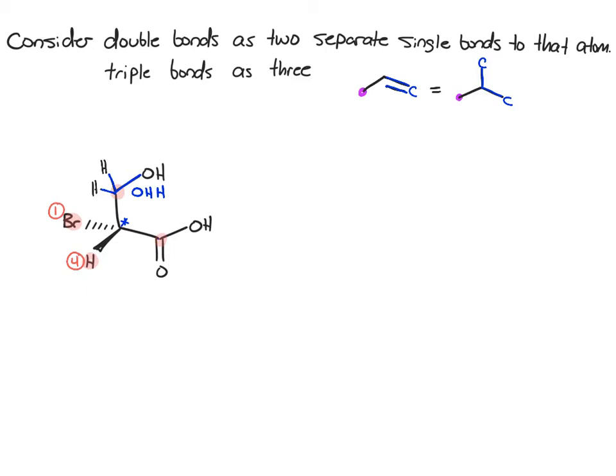Okay, now let's look at this one. It's attached to an oxygen, and we'll say an oxygen and an oxygen, since this double bond counts twice. It counts as two single bonds to an oxygen.